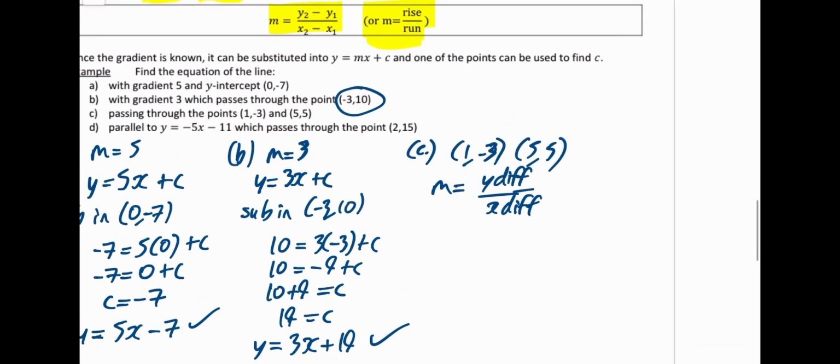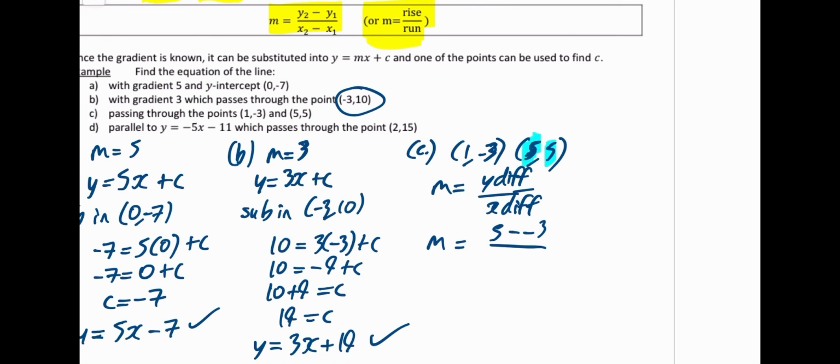So here I've just said y difference over x difference, and I'm going to start with this y value. So if I start with that one, I'm going to have 5 minus 3 over, and then I will start with this x value.